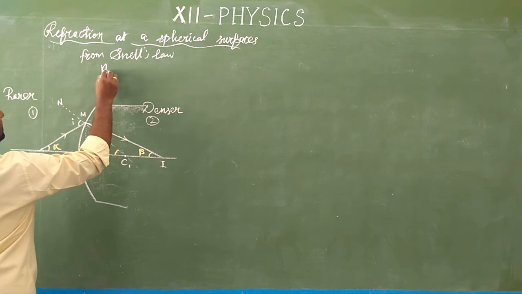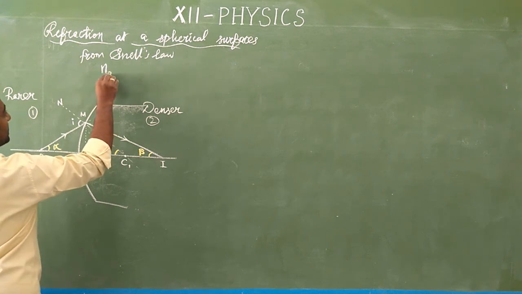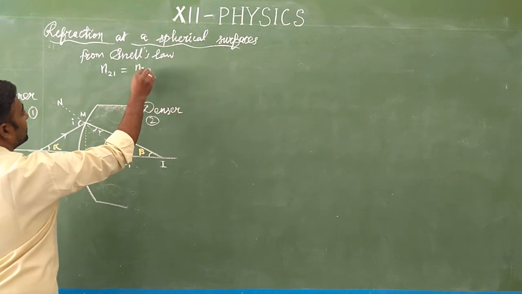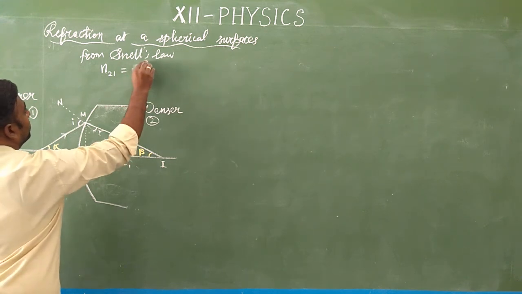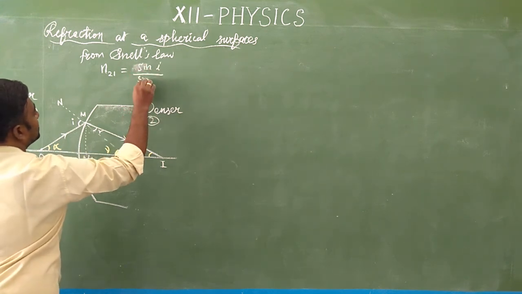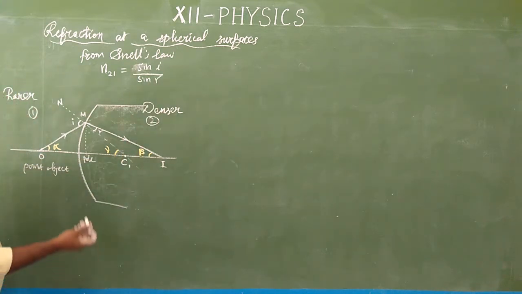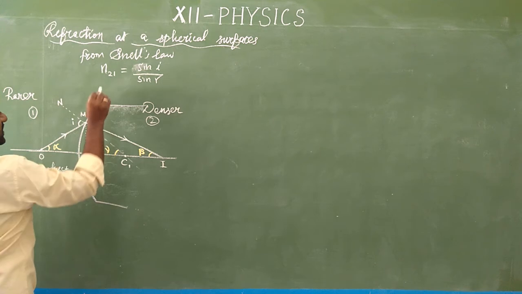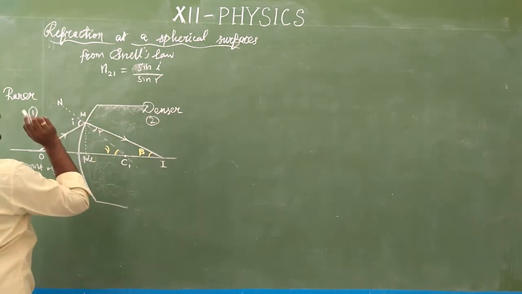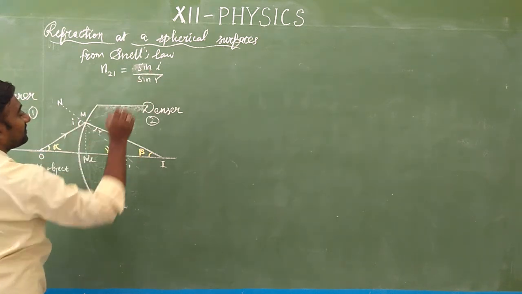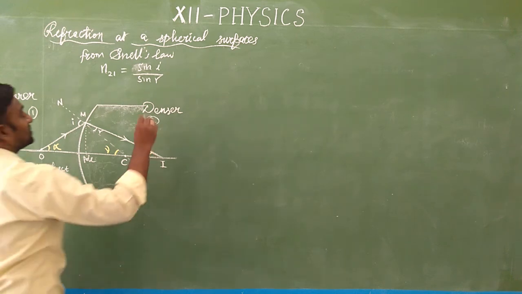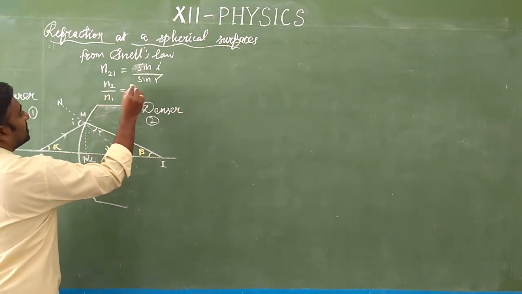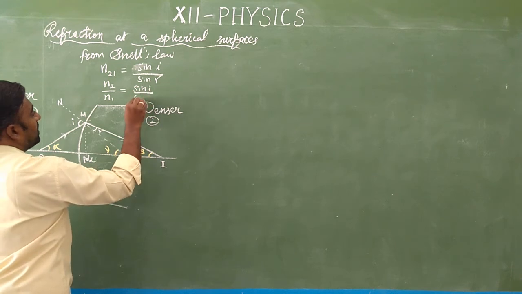The refractive index of the second medium with respect to the first medium is equal to the ratio between the sine of the angle of incidence and the sine of the angle of refraction. Also we can write this as n2 by n1, which is equal to sin i by sin r.